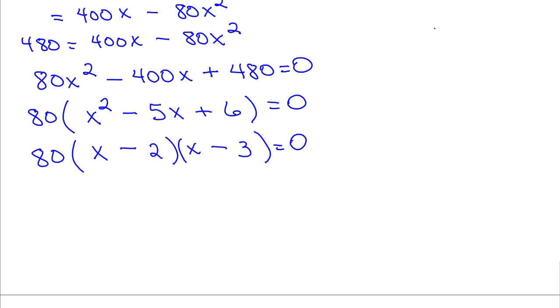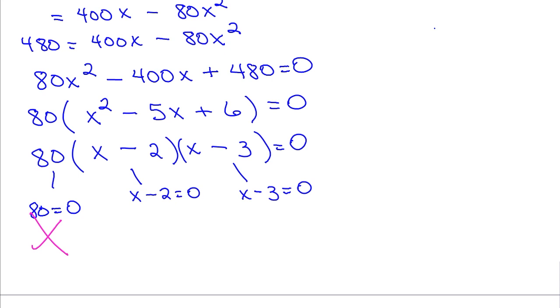Then we set each factor equal to 0. 80 equals 0. x minus 2 equals 0. And x minus 3 equals 0. We see that 80 equals 0 gives us no solution. There's no variable there. x minus 2 equals 0 gives me x equals 2. And x minus 3 equals 0 gives me x equals 3.